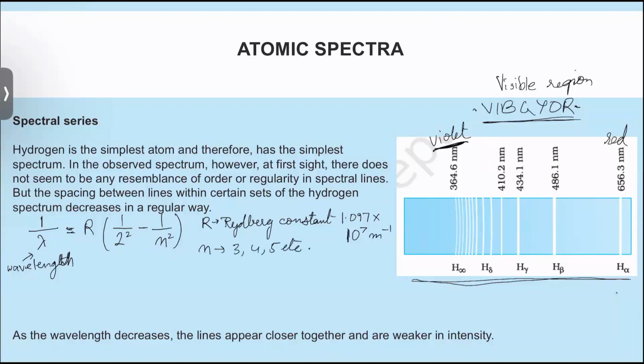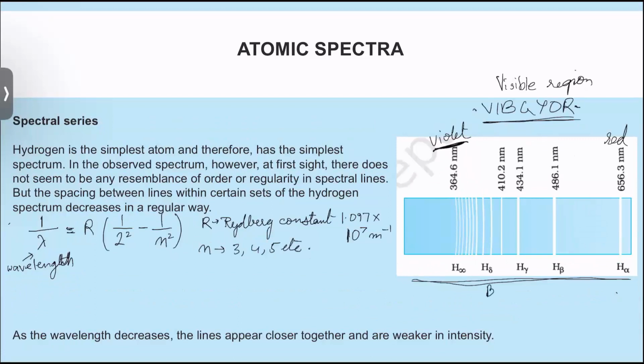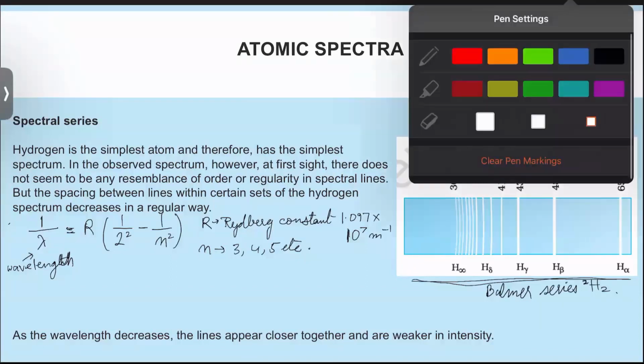So this was actually put forth by Balmer. Sorry, I'll just write here that this is the Balmer series. This is for the H2, actually no, this is H2, not on this side, that would become the gas then.